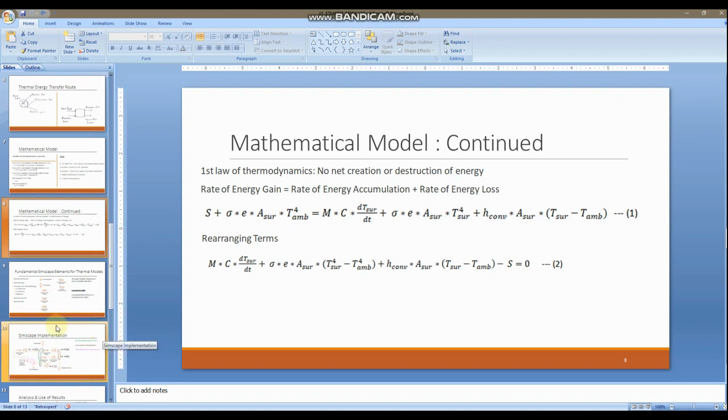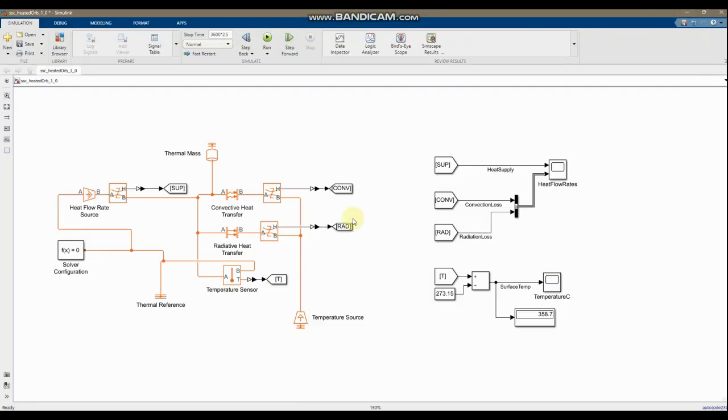Prior to moving on to Simscape implementations, developing a mathematical model, solving simple mathematical models, and being familiar with what you might expect is quite handy when determining the stop time.